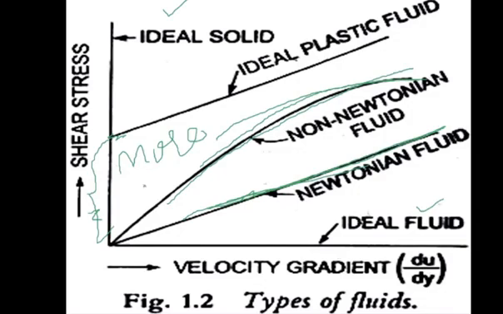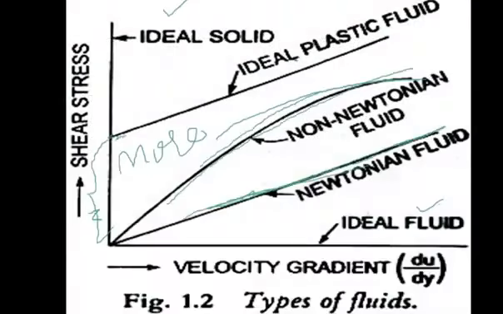Initially it will not be existing, because the ideal plastic fluid is what? According to the statement, it is more than the yield value. After the yield value, it will be proportional to the velocity gradients. So these were the 5 types of fluids: ideal, real, Newtonian, non-Newtonian, and ideal plastic fluid.